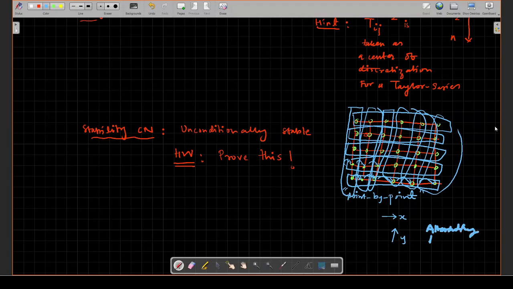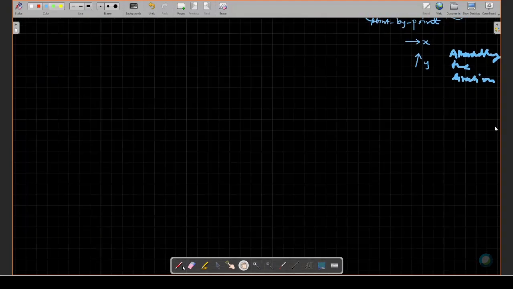There is another category of methods named on this concept. They are called alternating direction implicit methods, ADI methods.